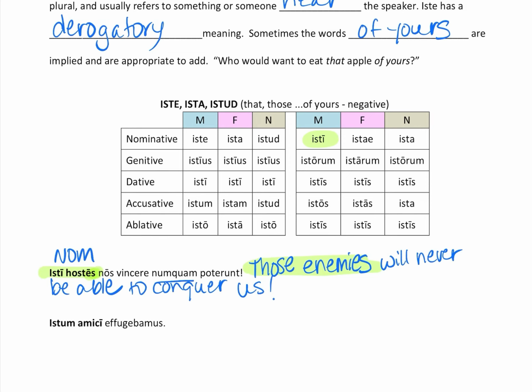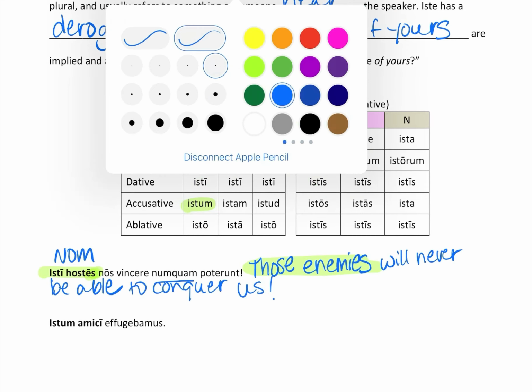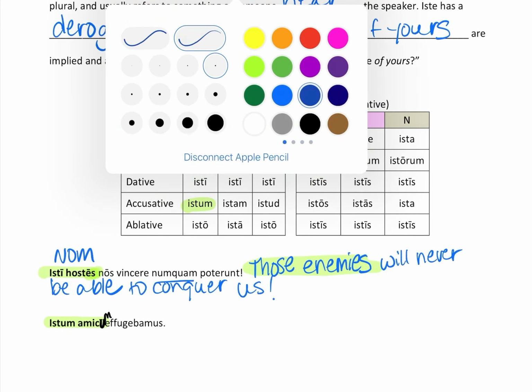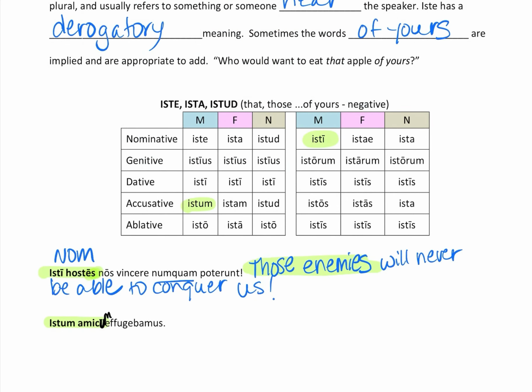Let's take a look at the last one. Istum amici effugibamus. So istum, look at it, istum is right here. It's in the accusative. This should actually be amicum. I'll change that on your notes for you. So it is accusative.